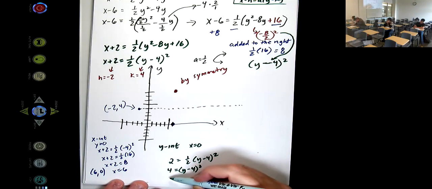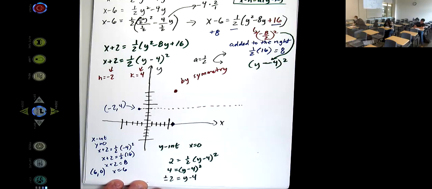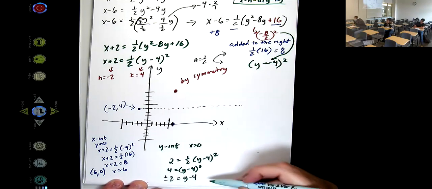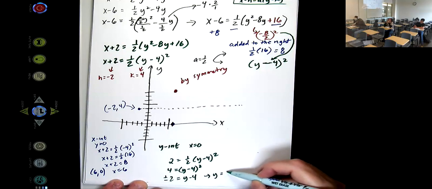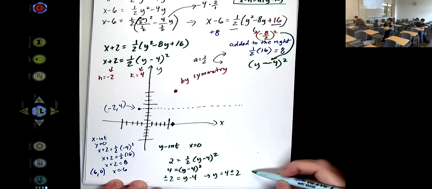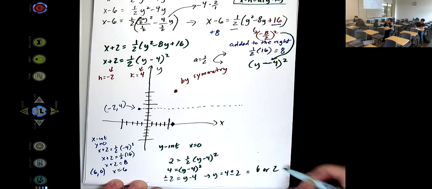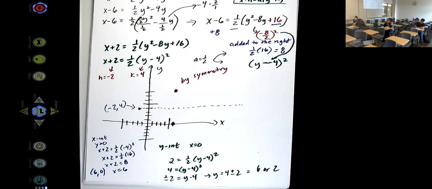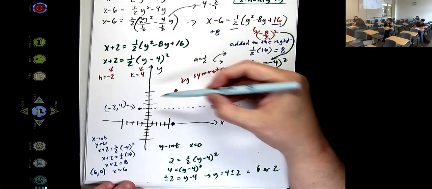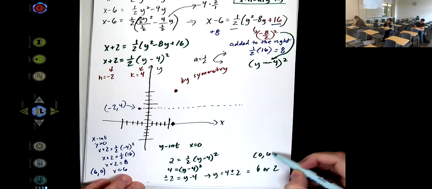Take the square root, we get plus or minus 2 equals y minus 4. So y equals 4 plus or minus 2, which is 6 or 2. So (0, 6) or (0, 2).